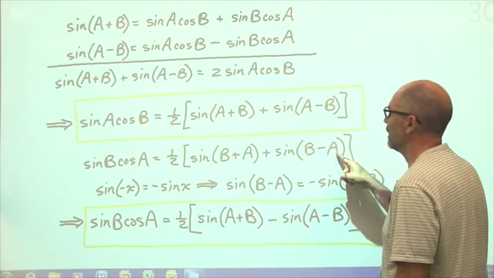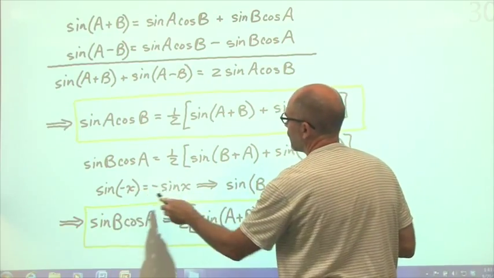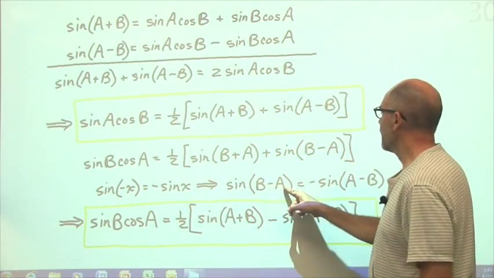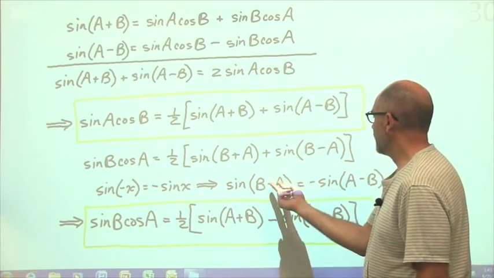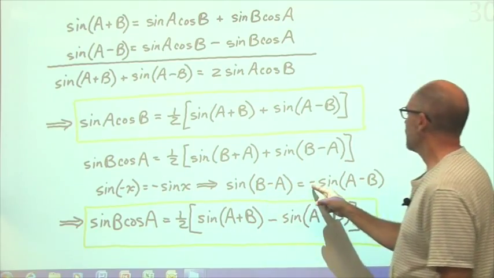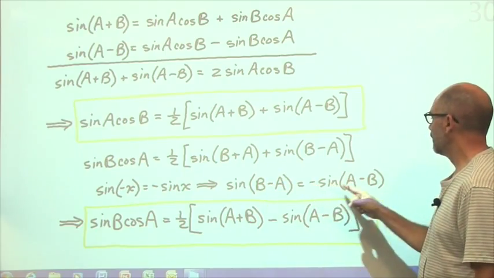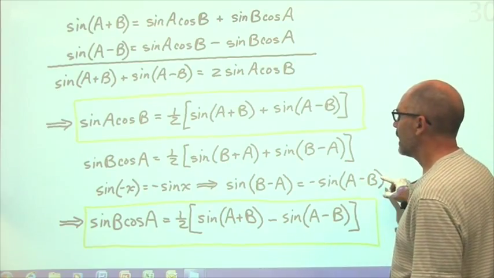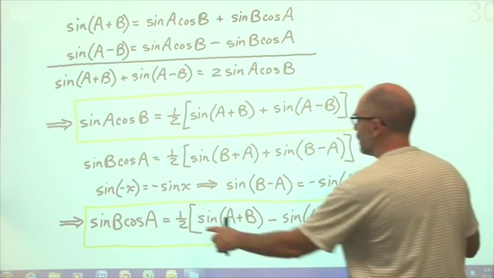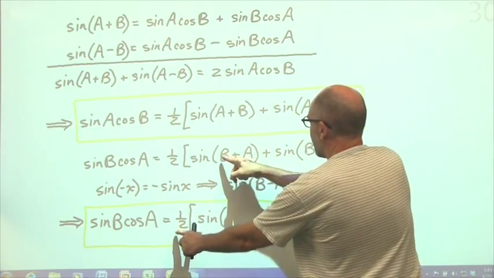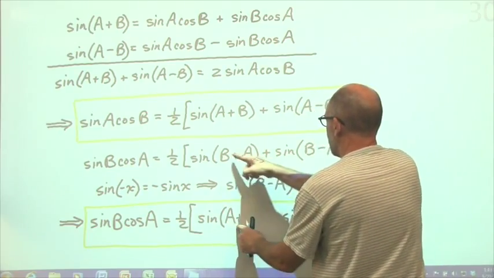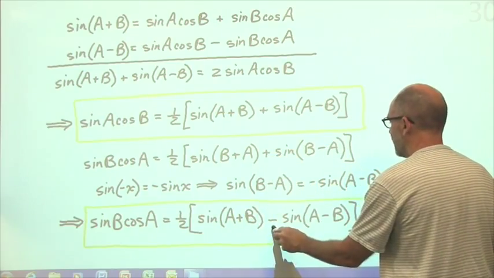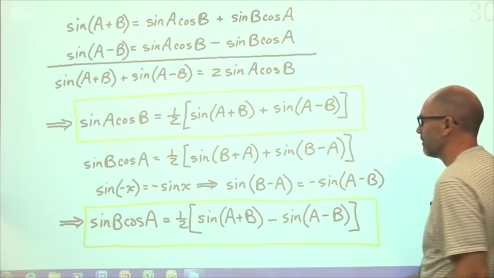Now, the next thing is sine of a negative angle equals the negative sine of the angle. So that means sine of B minus A, if I flip this, I'm making it negative. So I put a negative out in front, negative sine of A minus B. So then this is 1/2 sine of B plus A, which is A plus B, same thing.